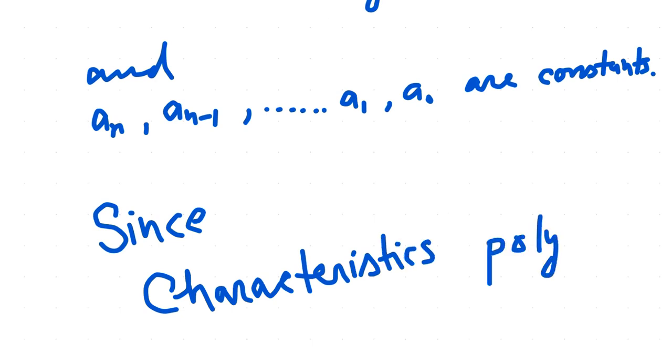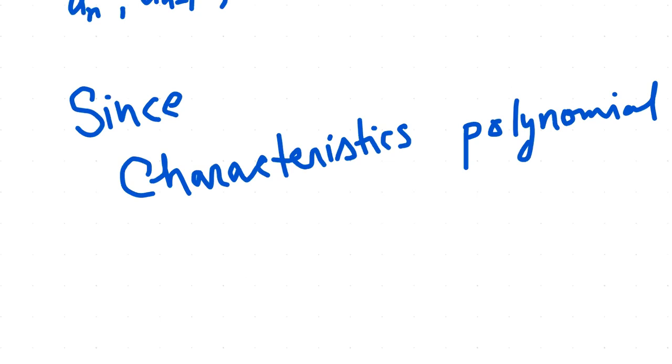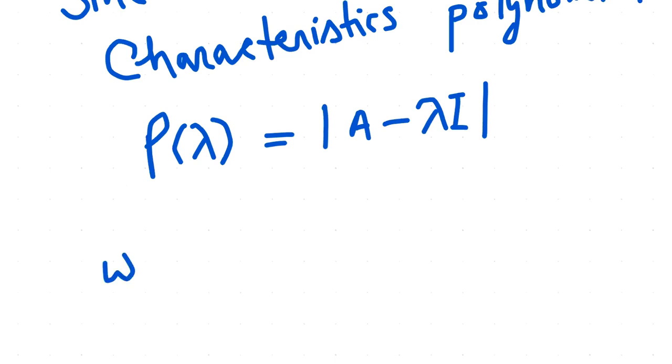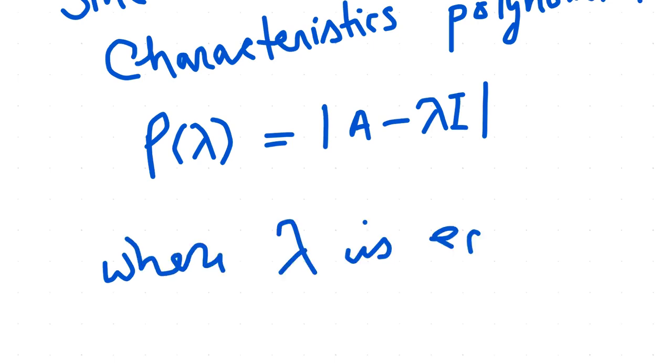So let us take the characteristic polynomial P(lambda), because the characteristic equation or characteristic polynomial we find for eigenvalues. Since the characteristic polynomial P(lambda) is equal to the determinant of A minus lambda into I, where lambda is an eigenvalue.